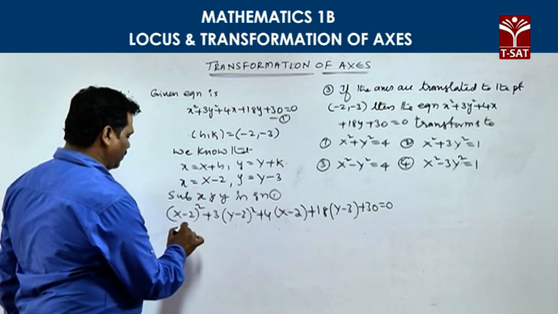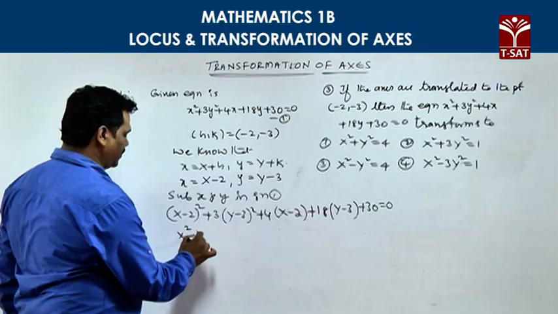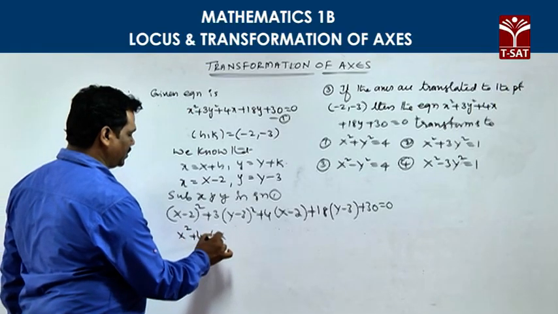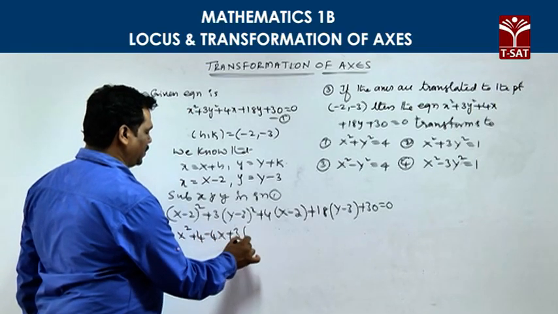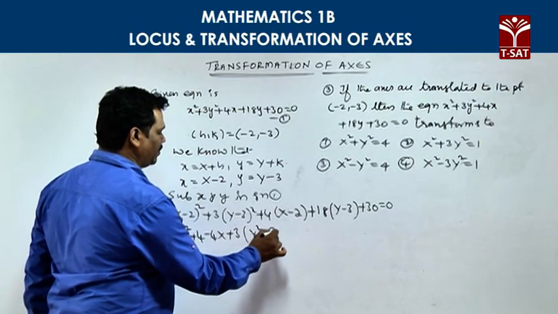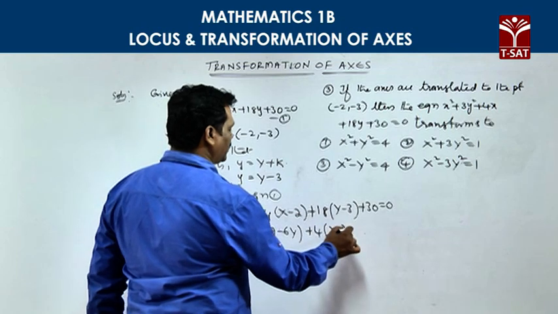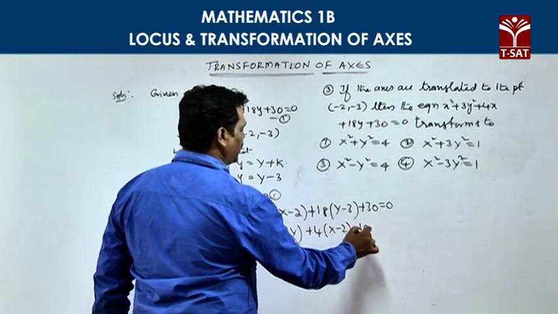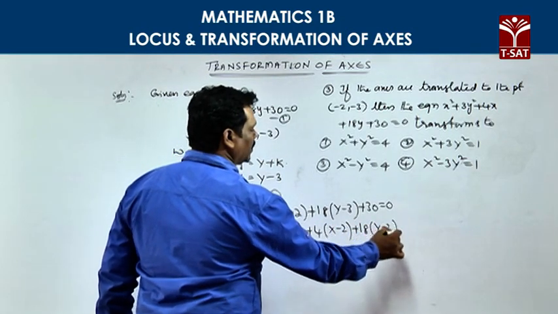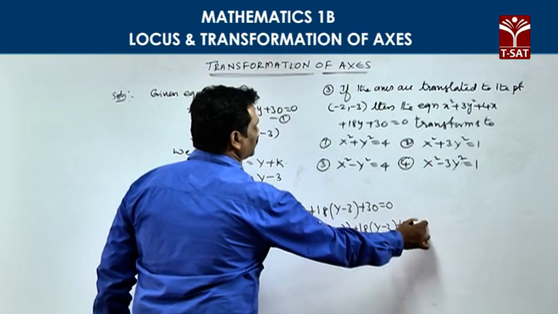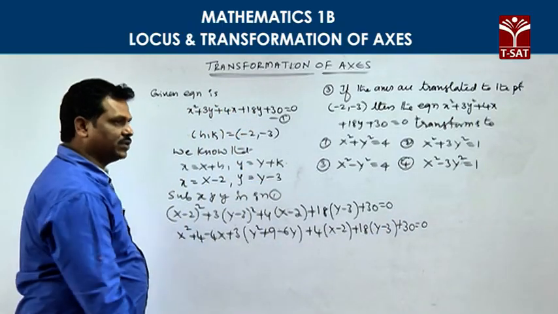Expanding: X² + 4 - 4X + 3(Y² + 9 - 6Y) + 4(X - 2) + 18(Y - 3) + 30 = 0.